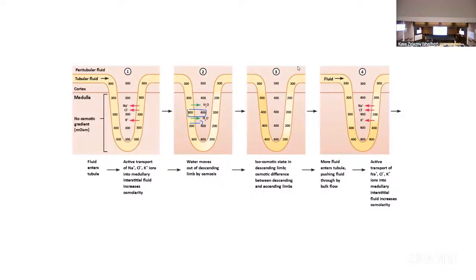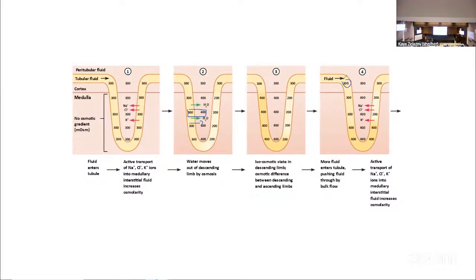But then we have to remember that the fluid isn't static here. It's not all just sitting in the same place. As we are continually filtering fluid, so plasma and solutes, through our nephron, we're going to see essentially all these numbers push forward. Our fluid coming from the proximal tubule is pushing down into this descending loop of Henle, and the fluid from the ascending limb is kind of pushing up as well.